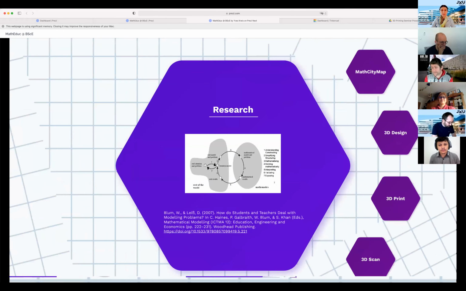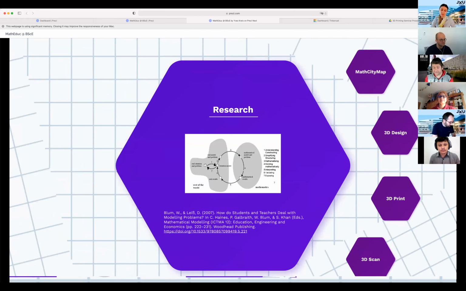And the next step was that in this Math City Map, as you develop tasks, you are using situations, buildings, monuments and so on in the real world and ask questions about them.